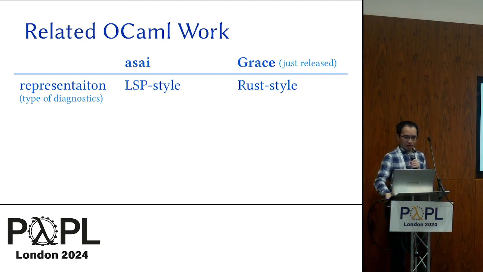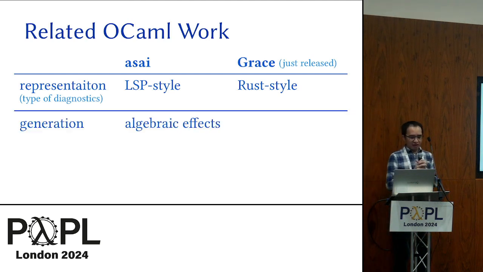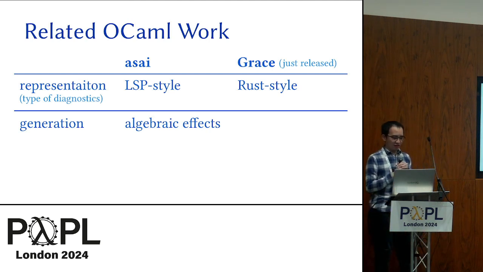So we have a different representation but otherwise very similar. We are using algebraic effects to generate diagnostics. There's lots of care to make sure that it's easy to generate the diagnostics, and I don't think Grace has something as fancy as ours.